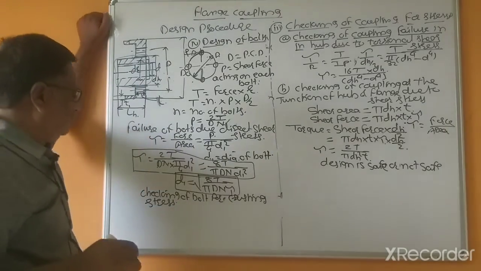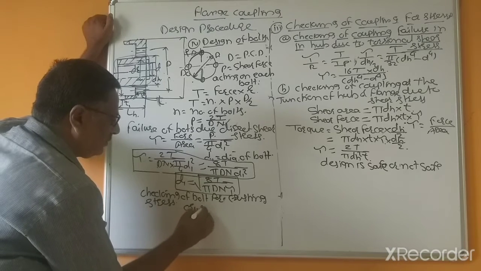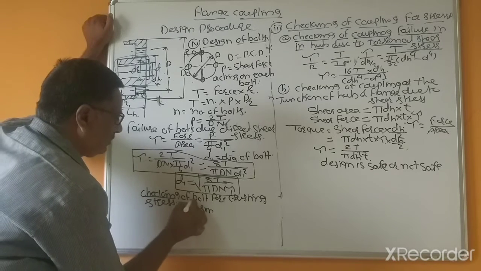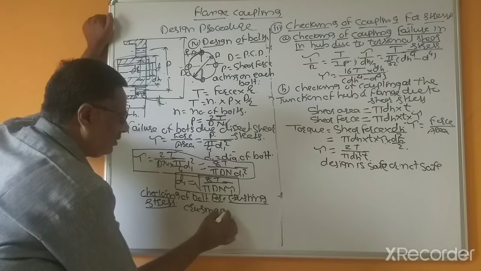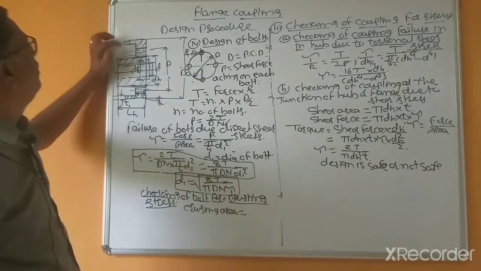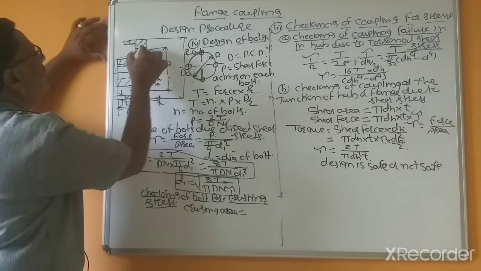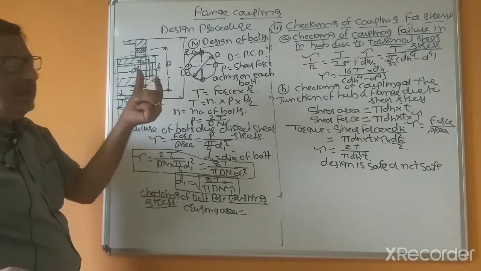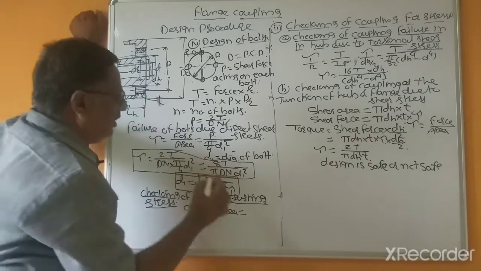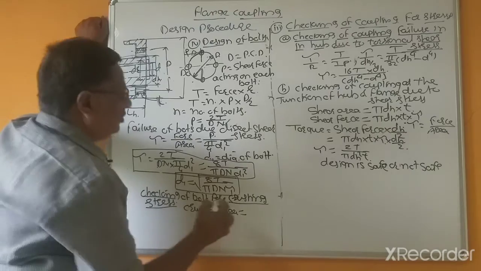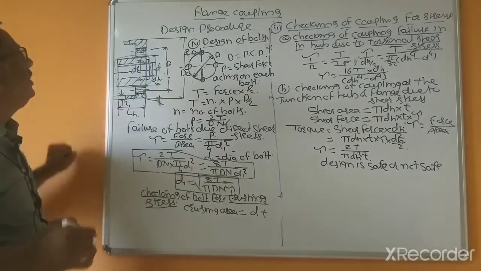Under the fourth step, the crushing area equal to, this is the crushing area, the projected area, which is d into t, the thickness. This is the crushing area or projected area.